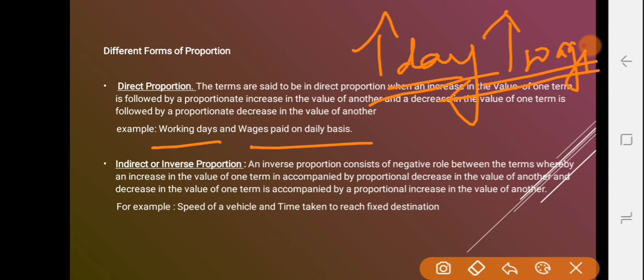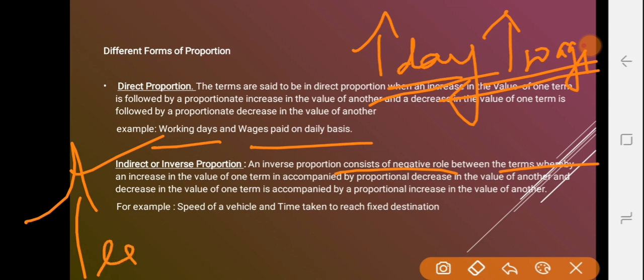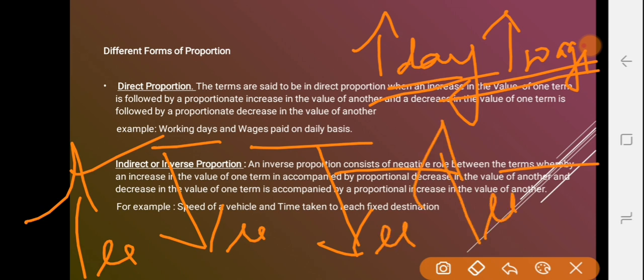The next one is indirect or inverse proportion, just the opposite of direct proportion. So an inverse proportion consists of a negative relation between terms. That means when there is an increase in one value, it leads to a decrease in the other one. If there is a decrease in one value, it leads to an increase in the other value.